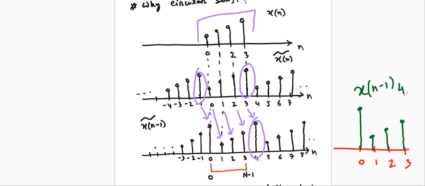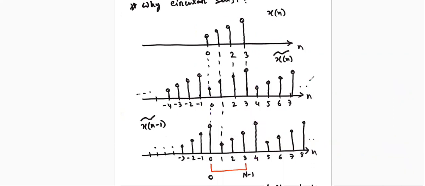Why logically it should look like this, how it can be. Now if you are shifting more, definitely in that case this sample will be shifted to the 0th sample, and this sample will come here, and this sample should come here, and these are the 4th sample, and all other samples will remain the same.